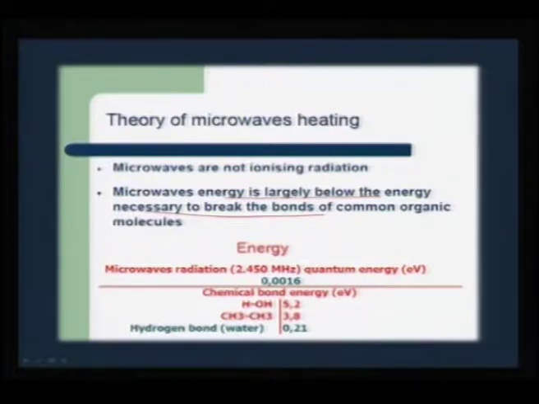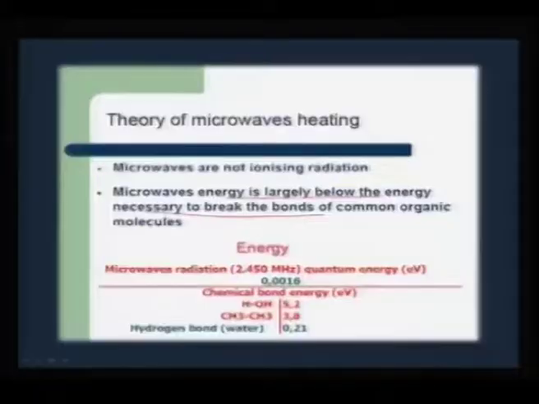Therefore, it is not going to make or break any bonds, but it is going to interact, but the heating effect does not come from breaking of bonds. So, if you compare the quantum energy that is available from microwave radiation, let us say 2.5 gigahertz, then you are talking about a very low electron volt energy, and this energy is not sufficient to break any bonds.